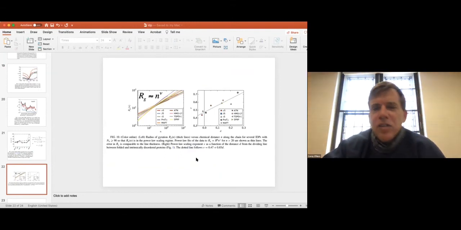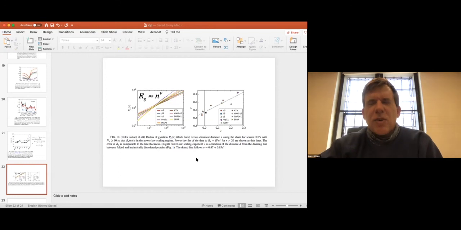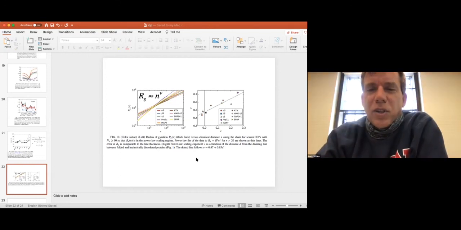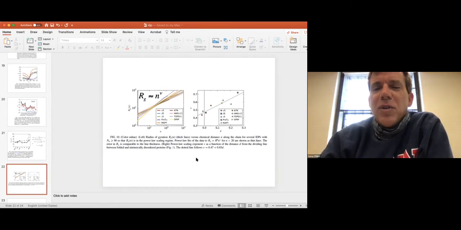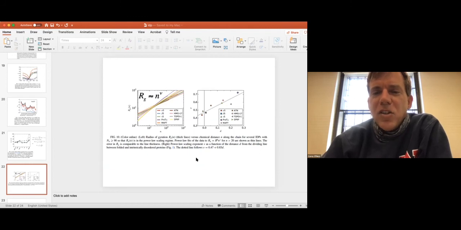So instead of just talking about the radius of gyration of the full chain, which is the radius of gyration for something that has the full number of monomers, I'm talking about the radius of gyration for all the subchains that have length little n, which can go from 1 all the way up to the number of residues in each chain.